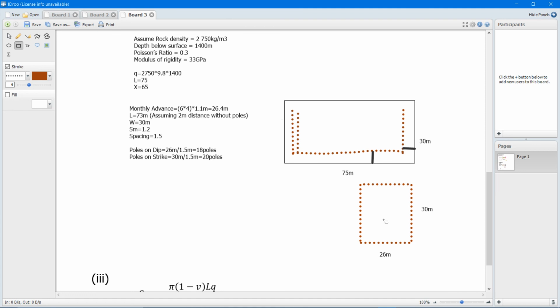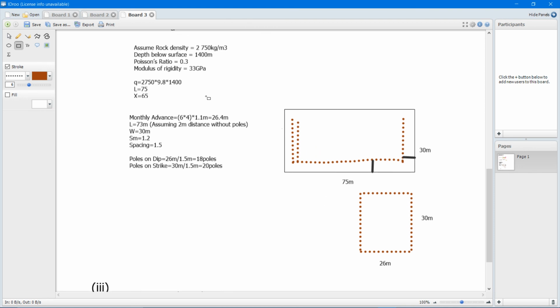So at a very, very deep level of mining, you wouldn't be using poles the way we're using it. So here, consider that we're mining at 1,400 meters. Each time we're advancing in the panel, we will have to leave some more permanent support. So you're going to have your primary support systems right here and there, which are these poles.